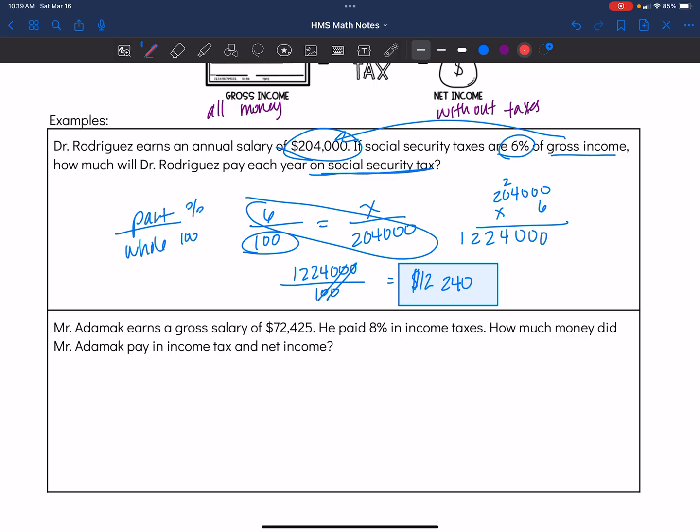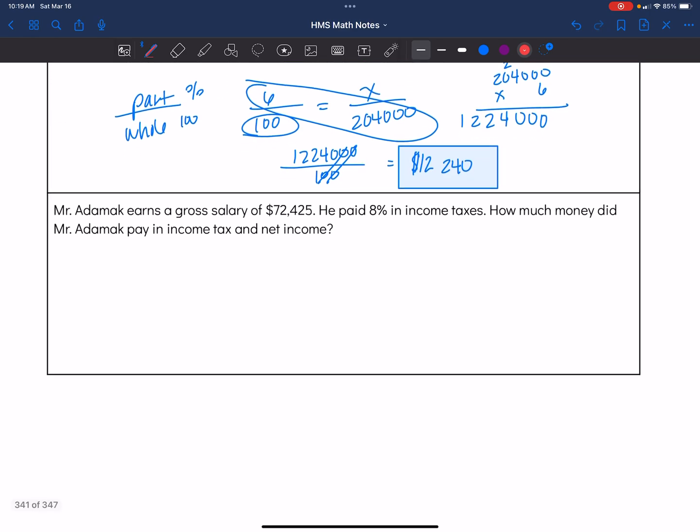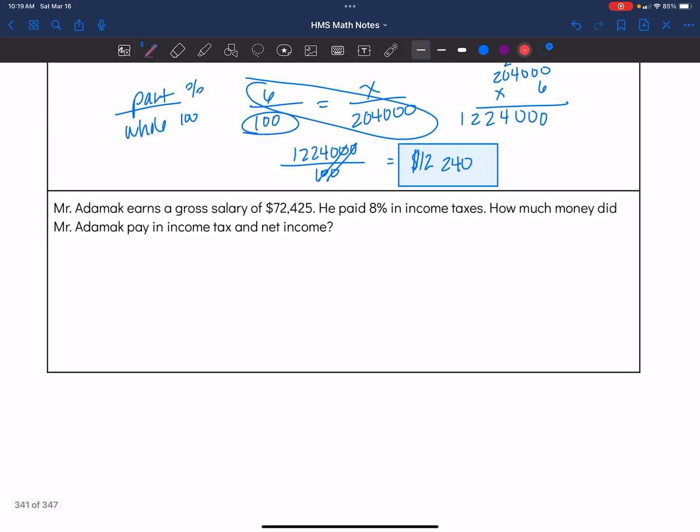Let's look at another example so we can put this into practice even more. Mr. Adamak earns a gross salary of $72,425. He pays 8% in income taxes. How much money did Mr. Adamak pay in income tax, and what is his net income?